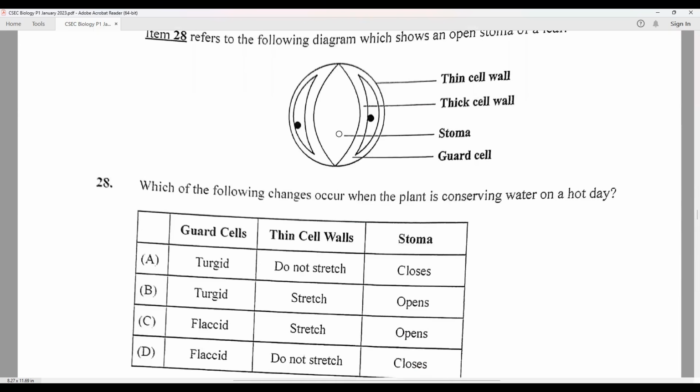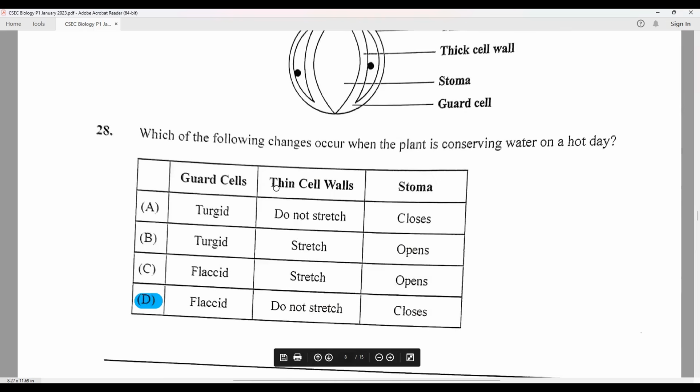The reason the stoma is closing is because it is losing water, so it's trying to stop the water loss. So you close this and the guard cells are flaccid. The guard cells are flaccid and the stoma is closed. The only one that says that so far is D. So we automatically know thin cell walls do not stretch.